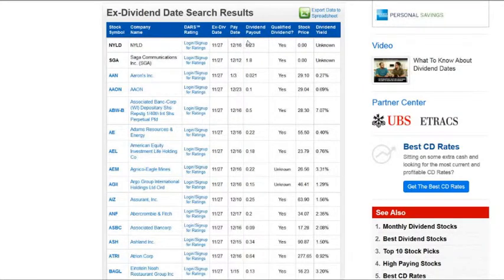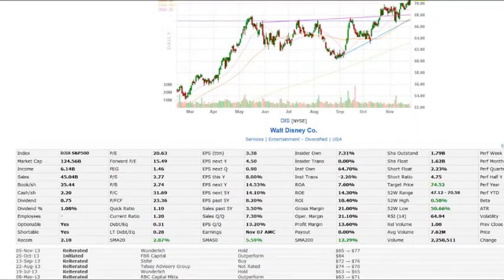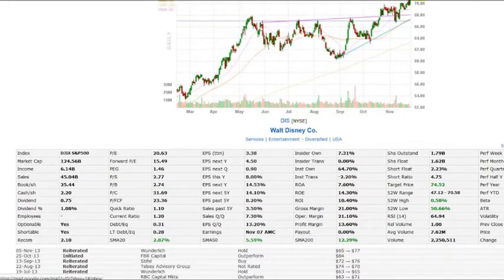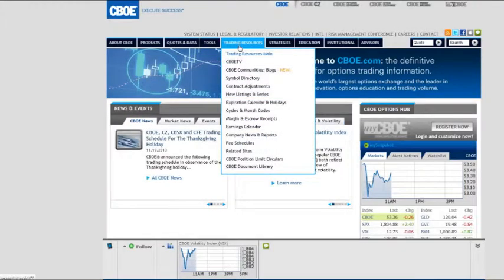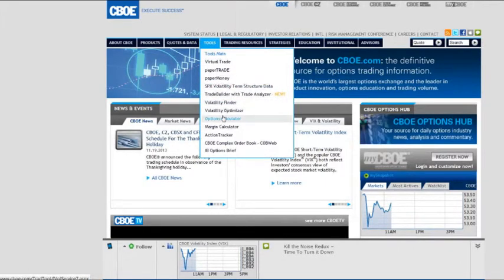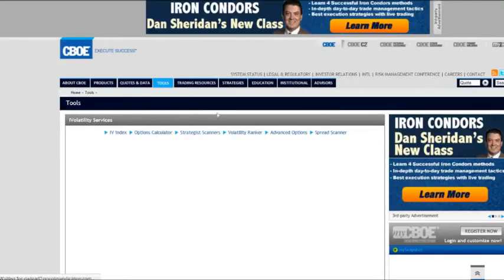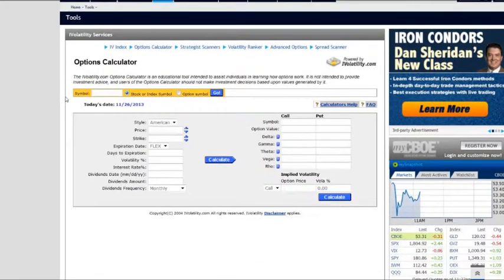Now, theoretically, options account for the dividends. So I'm going to go to cboe.com and into the option calculator. This is a tool we talked about during education week to figure out the theoretical values of these options.